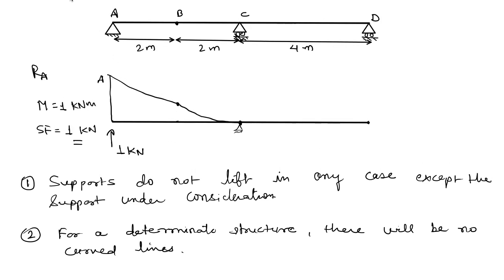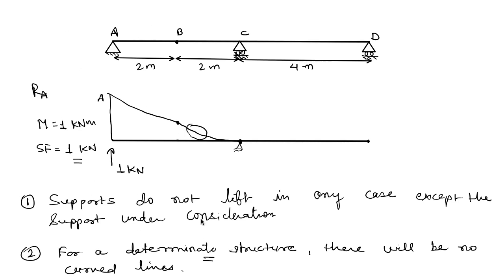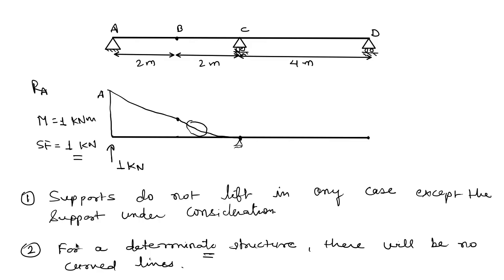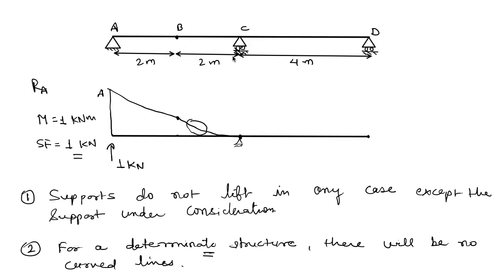When we are trying to draw this type of ILD, you can see that this part BC is becoming curved, and that does not happen for a determinate structure. To apply this rule, you should also make sure that the beam that we are talking about is determinate.